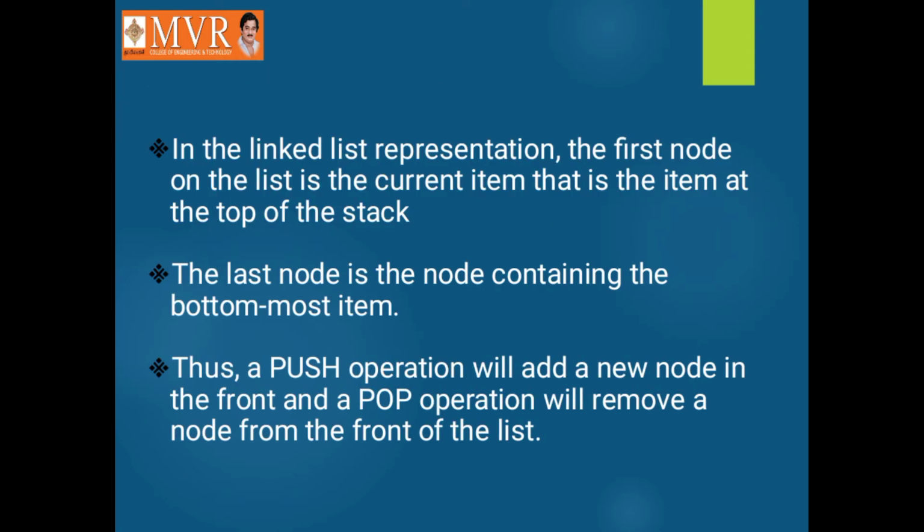In the linked list representation, the first node on the list is the current item, that is the item at the top of the stack. The last node in the linked list contains the bottommost item. Thus, a push operation will add a new node in the front, and a pop operation will remove a node from the front of the list.